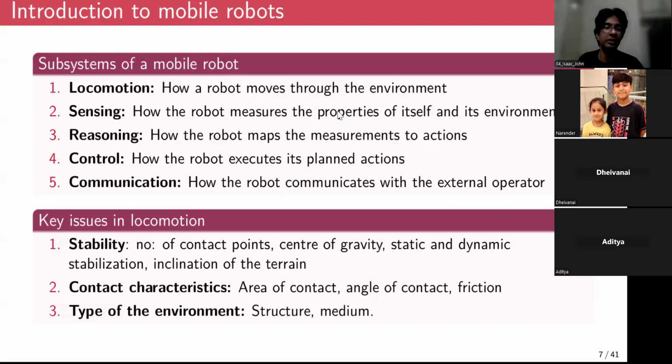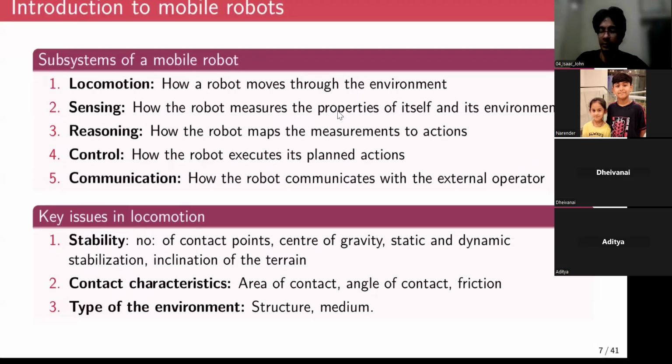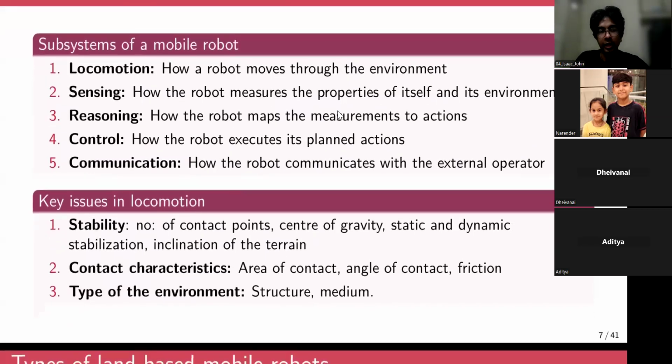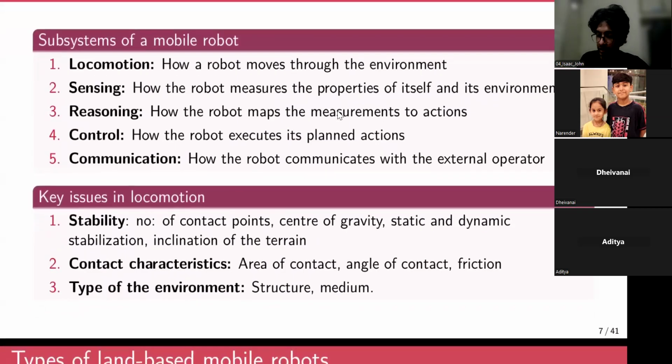They might only need to intervene when the robot is in distress, or when the robot is completely lost about its own position. To help in those situations, a human operator can intervene. But for all these purposes, there has to be some sort of communication between a mobile robot and an external operator. Okay, so that's about the subsystems.